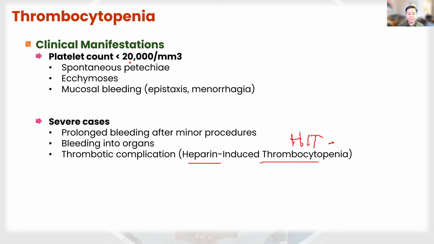All right, so there is going to be prolonged bleeding time, and at some point, if they have some form of bleeding into the visceral organs, that can happen as well. But again, in HIT, it can lead to thrombotic complications. Even though their platelets are low, they can still develop thrombosis. So please take note of that one. We will talk a lot more about this.